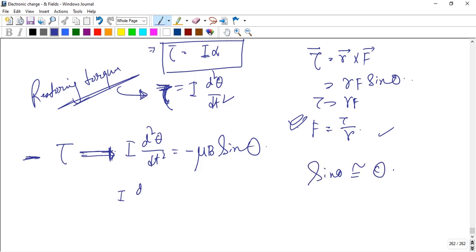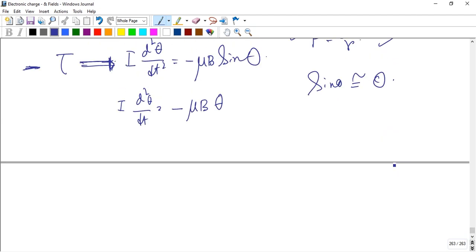So I d2 theta dt2 equals minus mu B theta, and so we get d2 theta dt2 equals minus mu B by I theta, and that is a simple second order differential equation of SHM, that is d2y by dx2 equals minus omega square y.